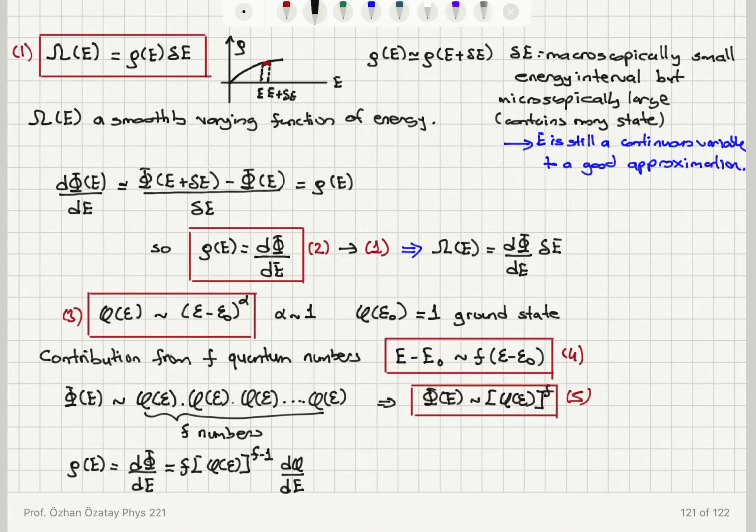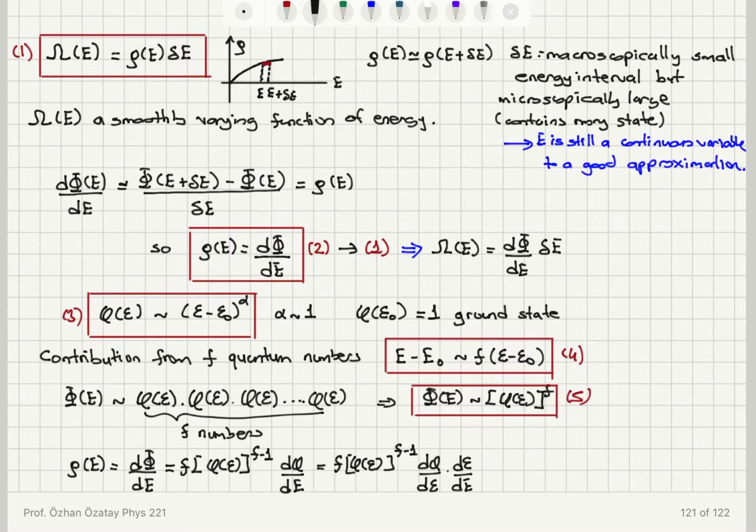You can see this in relationship number 3. So in order to get d phi dE, you need to get first d phi d epsilon and then d epsilon dE. So you can write this as f phi as a function of epsilon to the power f minus 1 d phi d epsilon, because it's a function of epsilon, and then d epsilon dE.